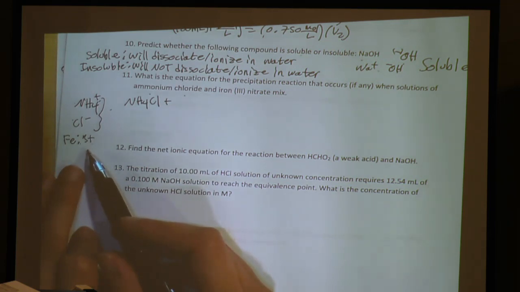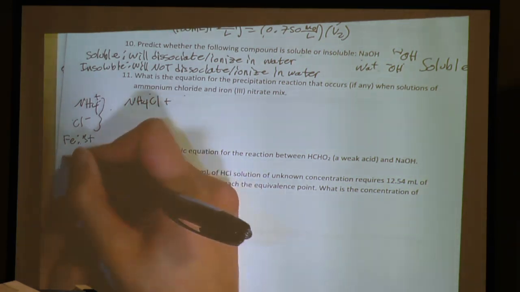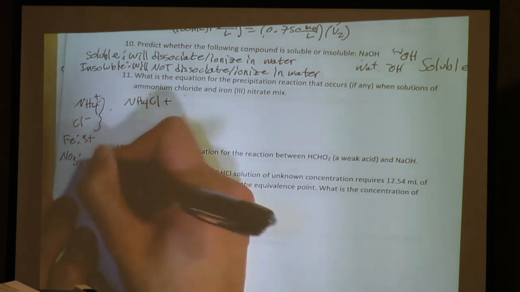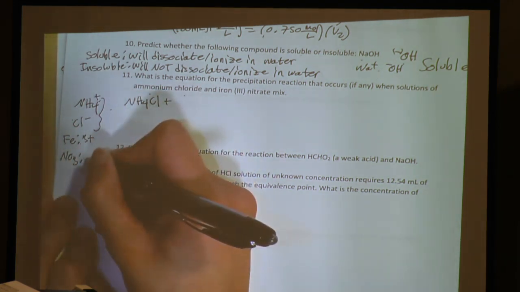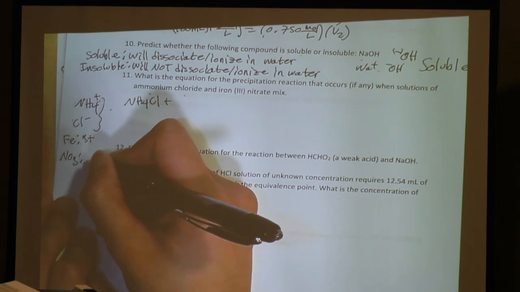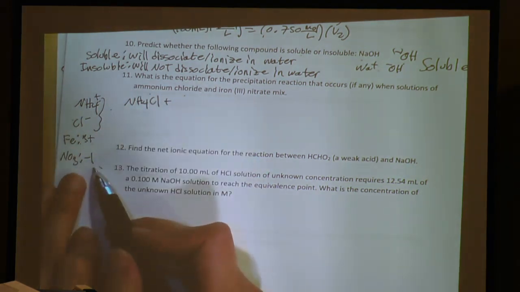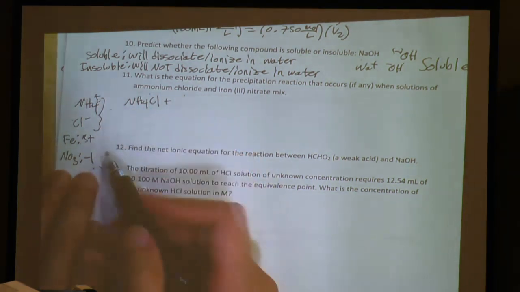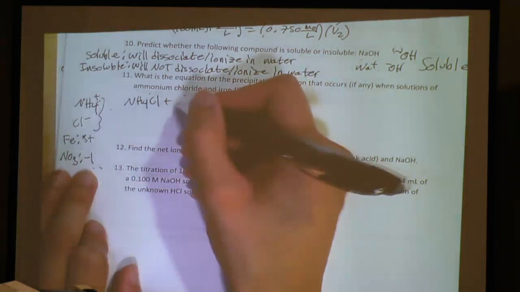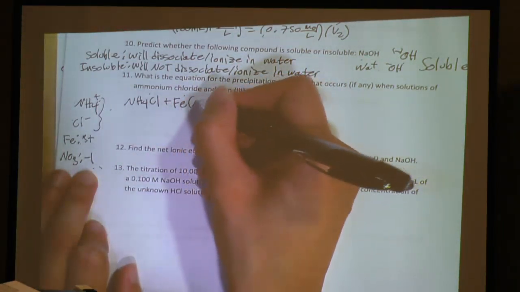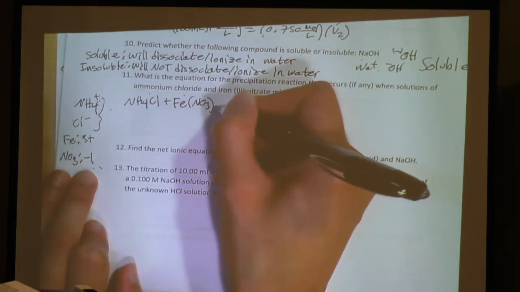So that's iron 3. Nitrate, the formula for nitrate is NO3, and it's going to have a -1 charge. So this is going to be Fe(NO3)3.